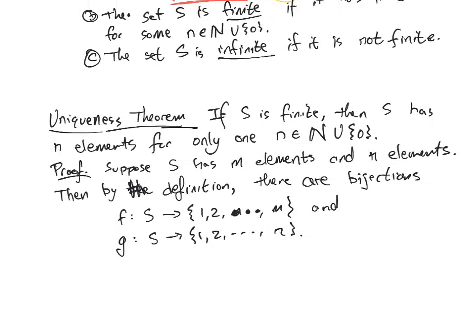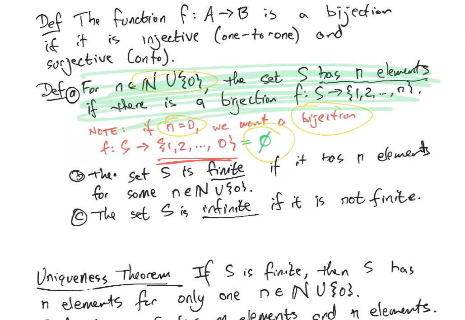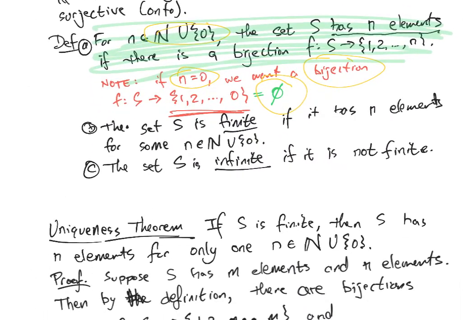Those are our bijections, and that's just using this definition of what it means to have n elements. There is a bijection from the set to that 1, 2 up to n.